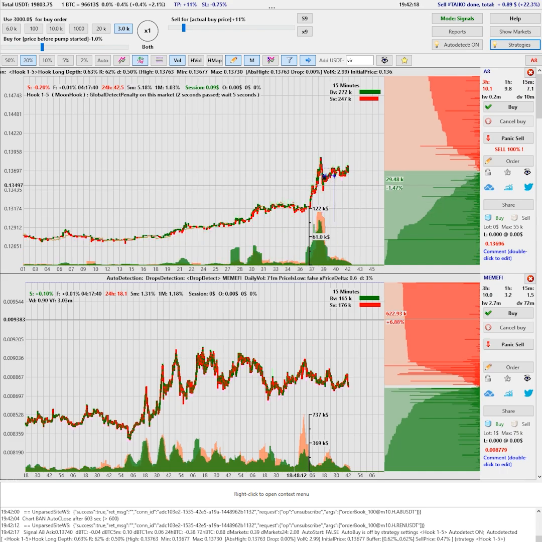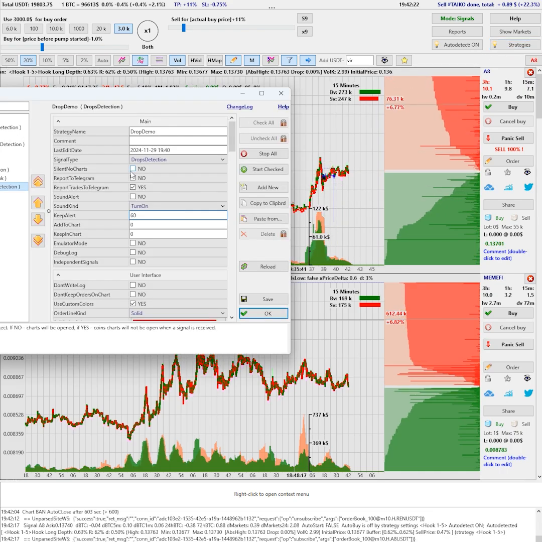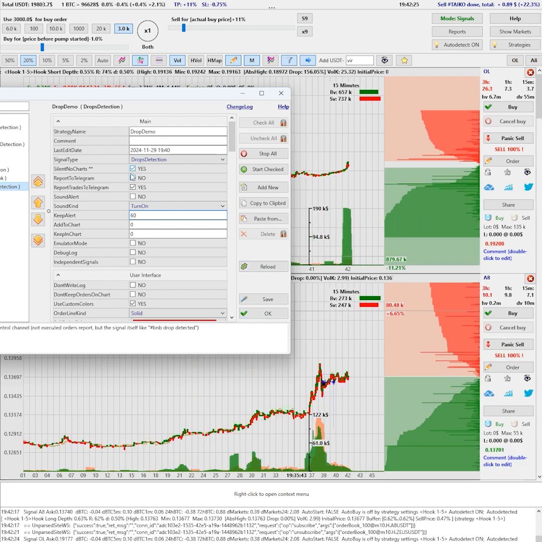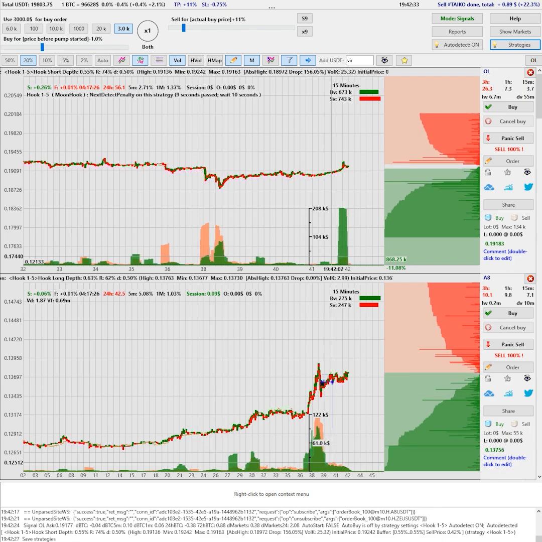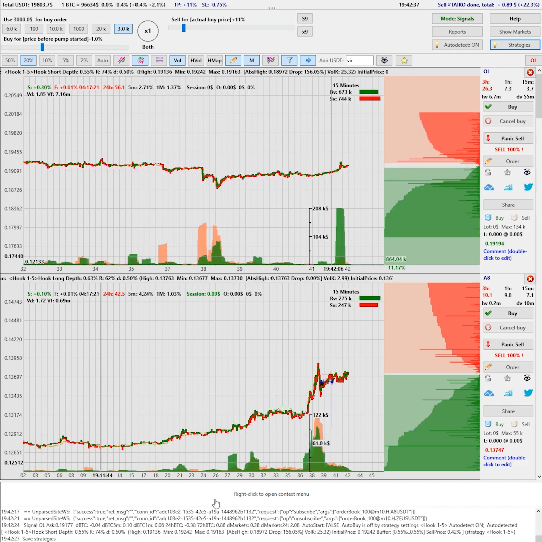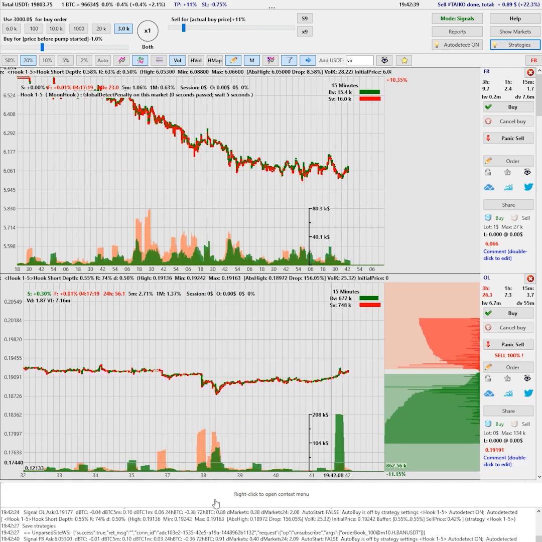Looks like it doesn't want to. And this log window is just for us to see how things work, and some of the things that the bot is looking at and calculates.